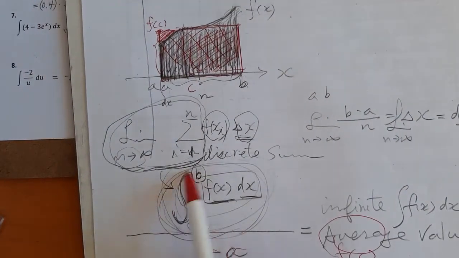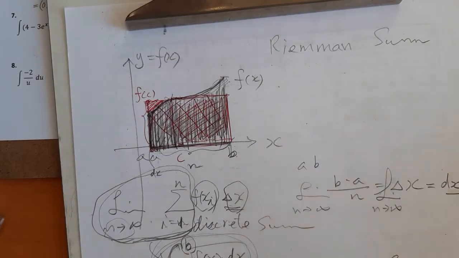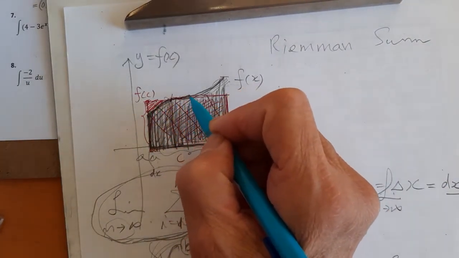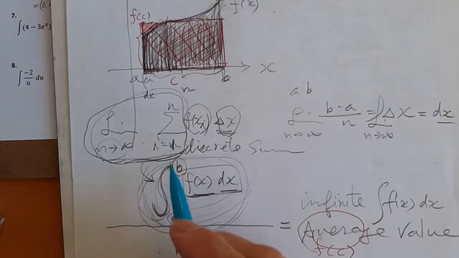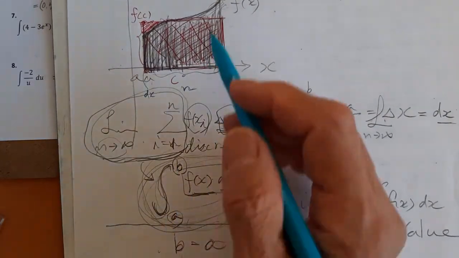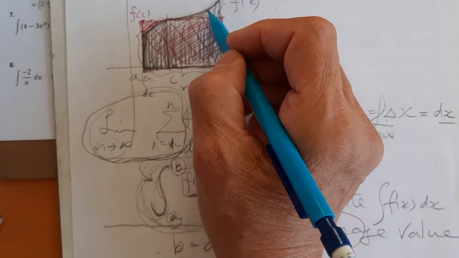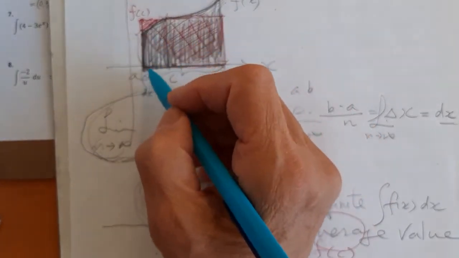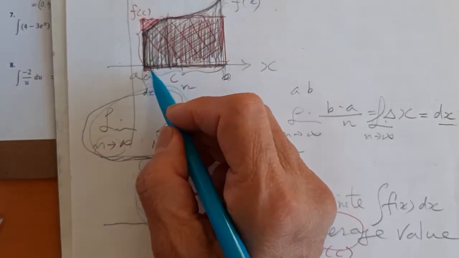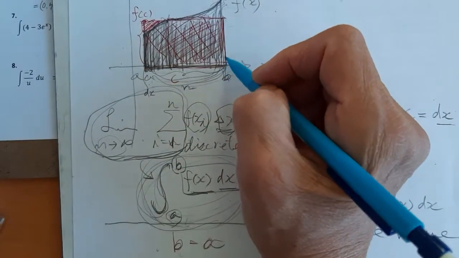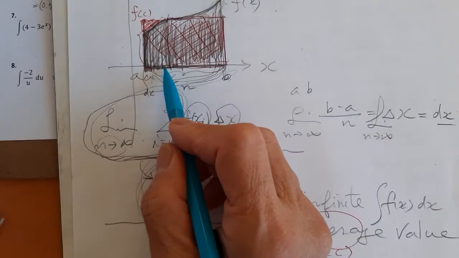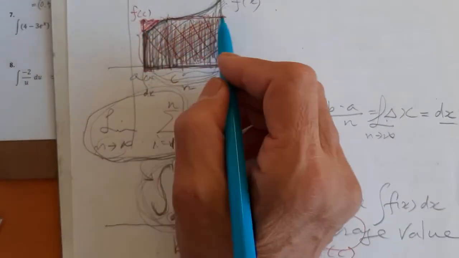So what is the average value? It is the area under the curve, which is the integral from a to b of f of x dx, divided by b minus a, this base length, and you get this height, which for every x is the same height.